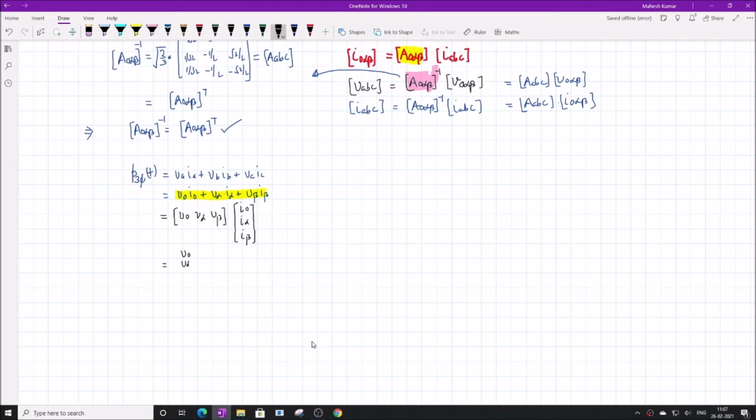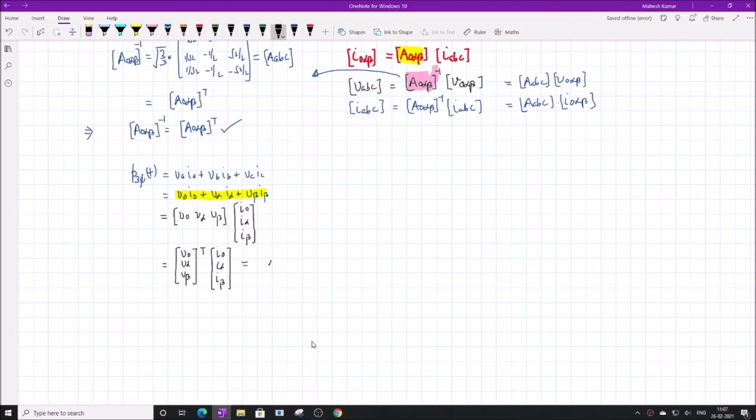Okay, this is called the inner product of voltage and current vector. V0 V alpha V beta transpose of this into I0 I alpha I beta. Okay, and what is this in terms of the ABC?